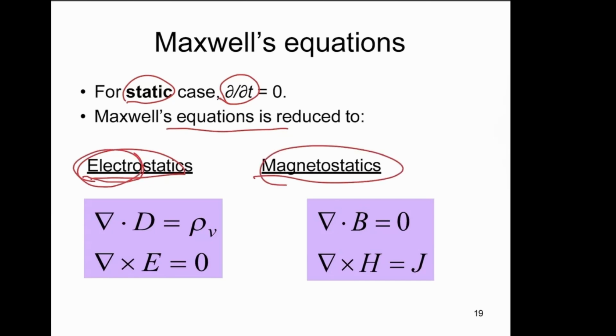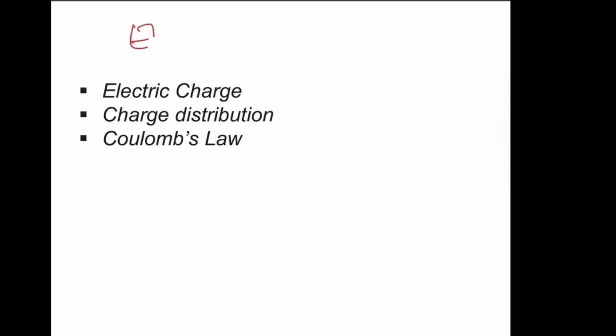Electrostatic is for the electric field. Static means that t equals 0. Magnetostatic is for the magnet. So for this chapter, we will focus on electrostatics.